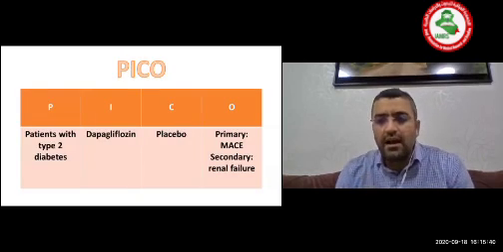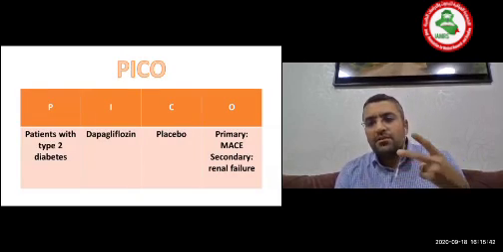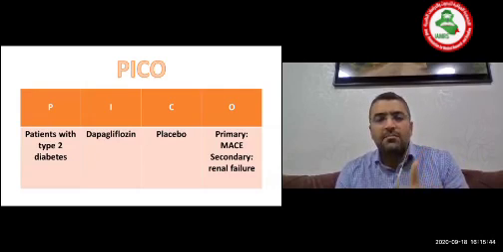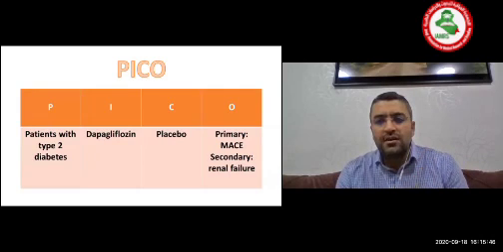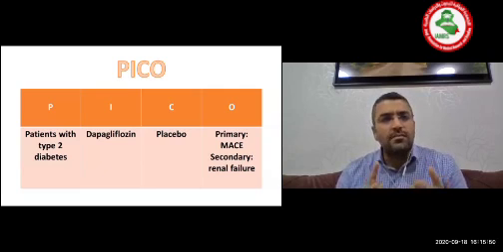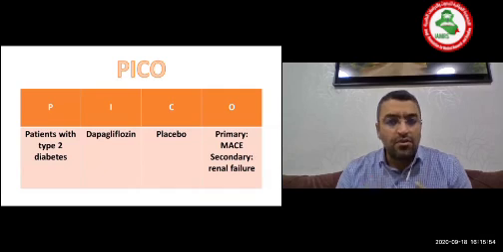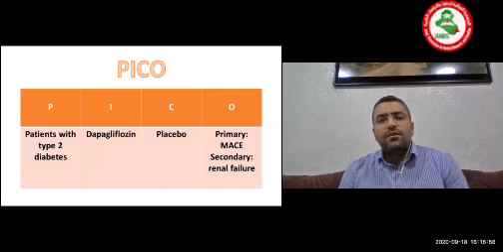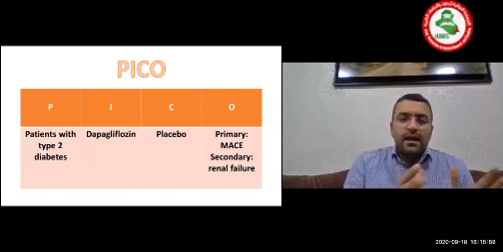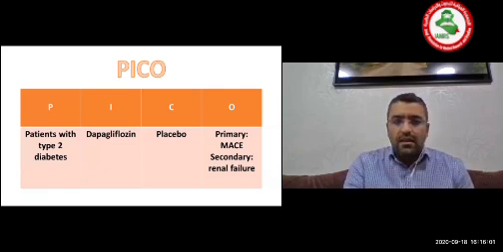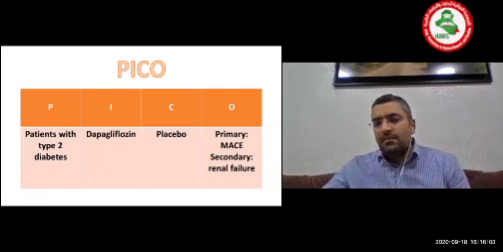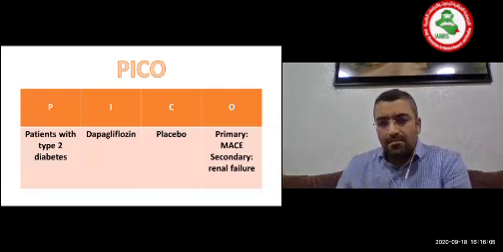So the outcome, they had two outcomes. The primary outcome, the major outcome, was the major adverse cardiovascular events, what we call MACE, which include myocardial infarction, ischemic heart disease, and stroke. So they gave dapagliflozin to patients with type 2 diabetes and compared it with other people with type 2 diabetes who were given placebo.